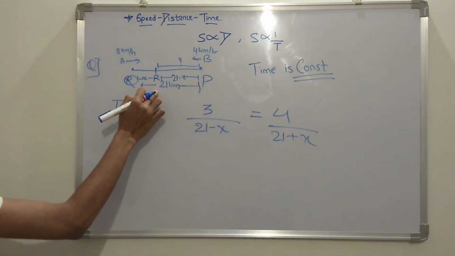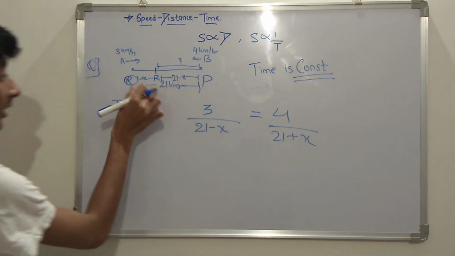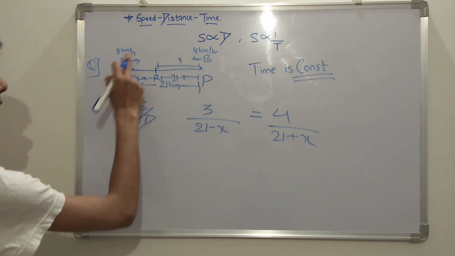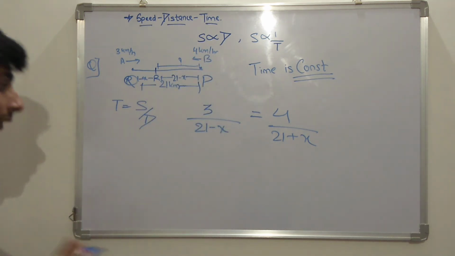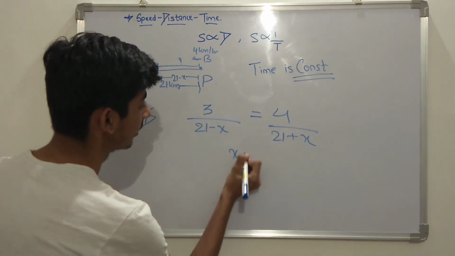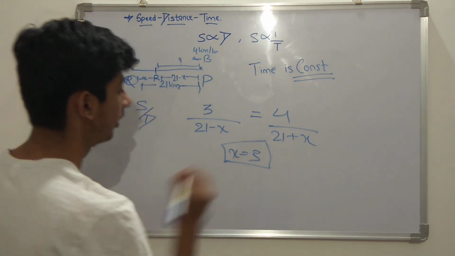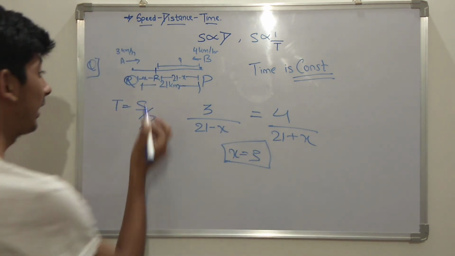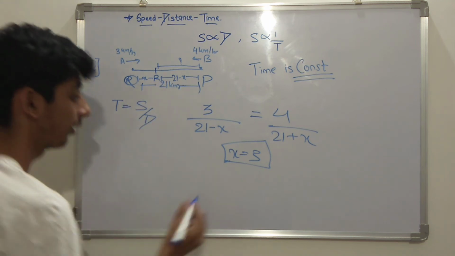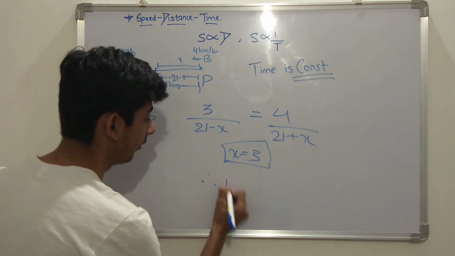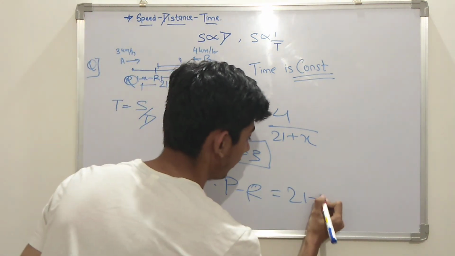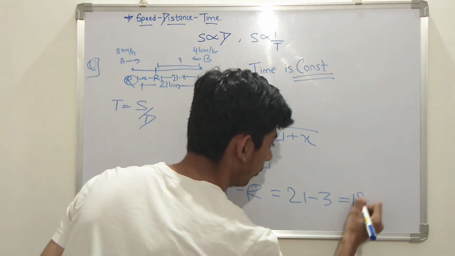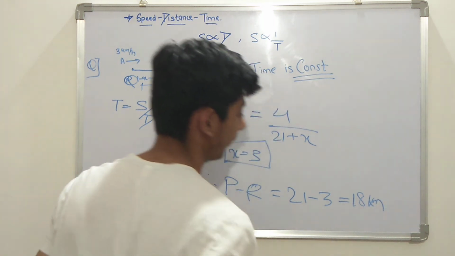Here he moves 21 minus x distance, while he moves a total 21 plus another x distance when it is at 4 km per hour. When you equate, then x is equal to 3 is what you get. Now this x is the distance between Q and R. Therefore the distance between P and R is equal to 21 minus 3, which is equal to 18 km.